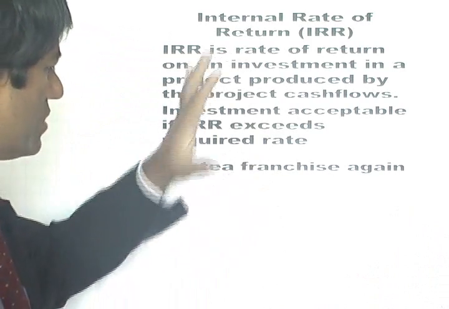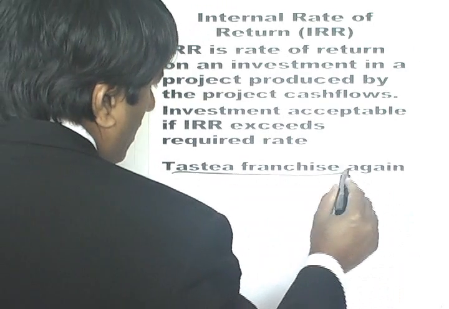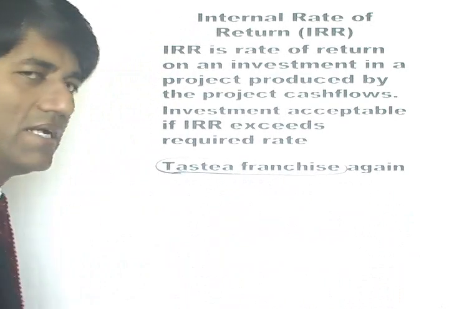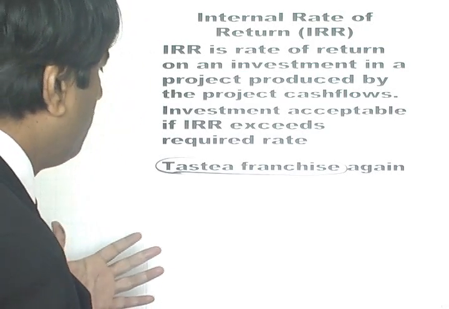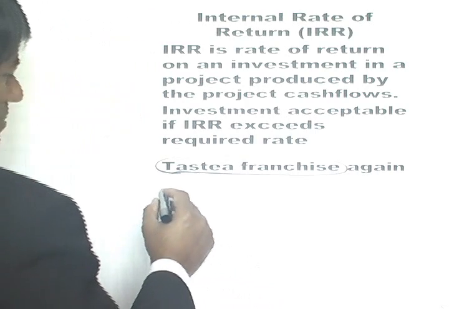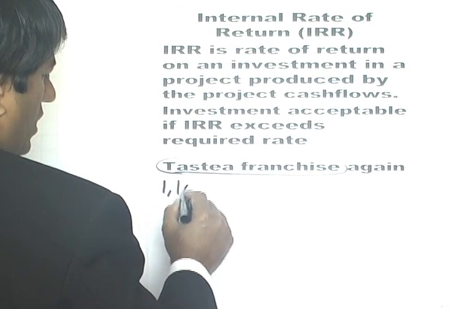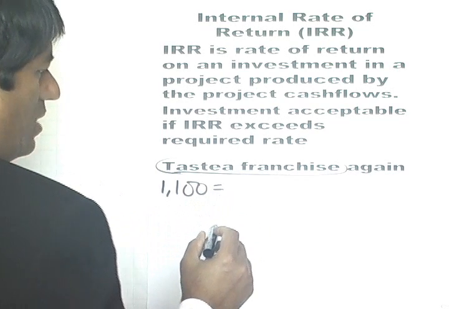So let's just start out by looking at a simple IRR example. And we go back to the tasty franchise, which was our starting point for NPV. And if you remember, it needed an initial investment of 1,100.